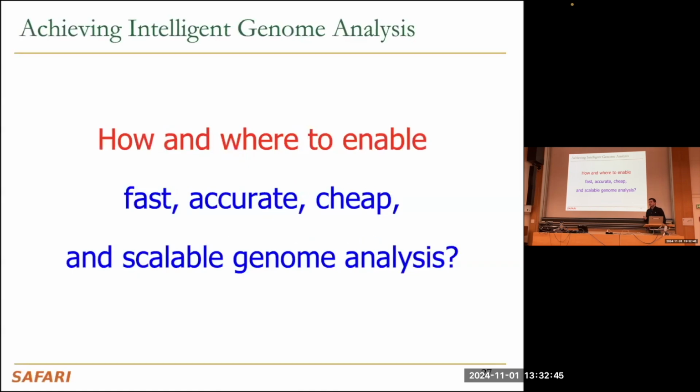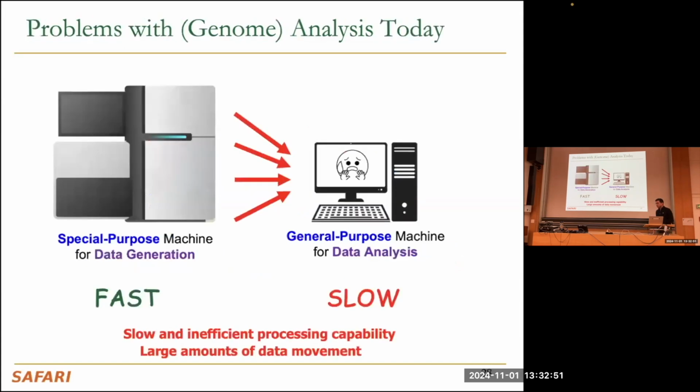So the other question is, how and where to enable this fast, accurate, cheap, and scalable genome analysis, right? Today, what we usually do is that we have these special purpose machines that we use for data generation, specifically to generate the genomic data. They are essentially very fast because they are designed to generate the data at a very fast rate.